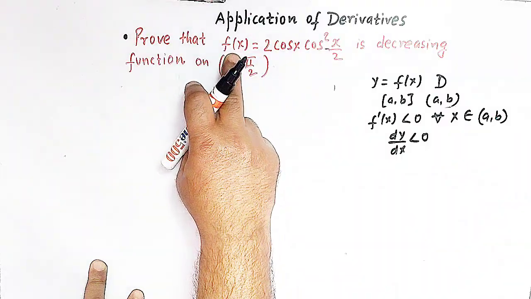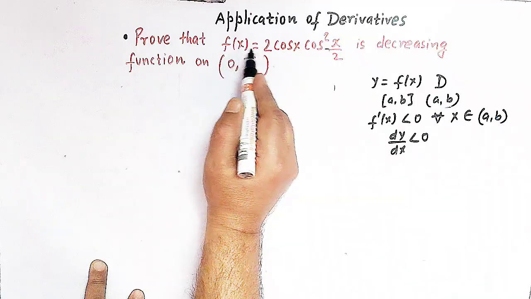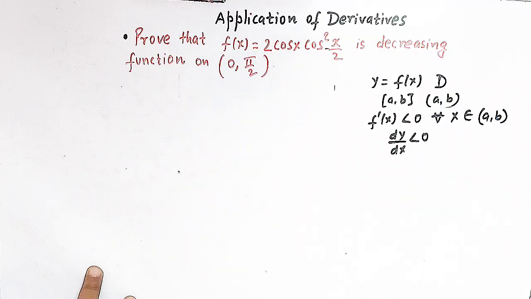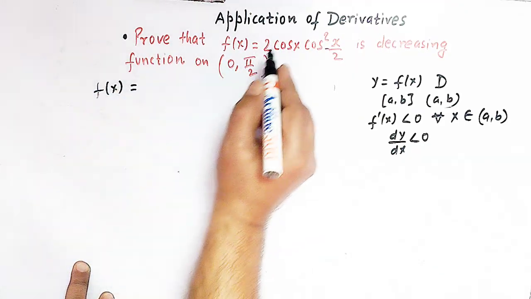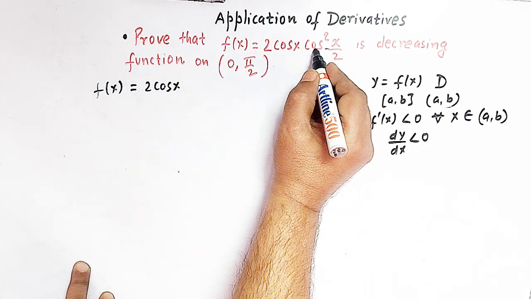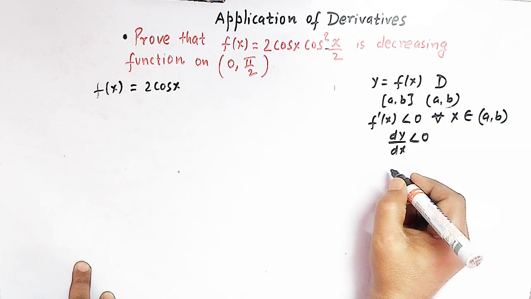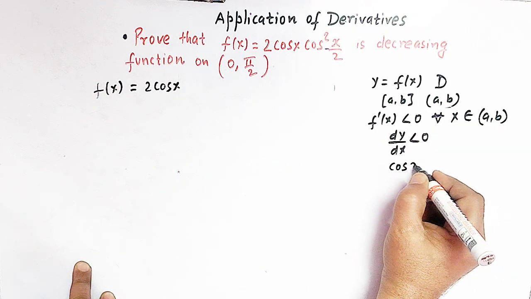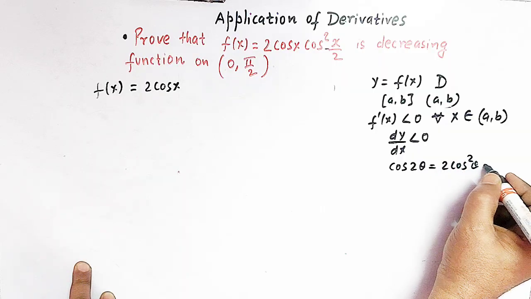So let us first rewrite this function f of x using an important trigonometric identity. So let us first write f of x as here we have 2 cos x, and here we have cos square x over 2. Now from trigonometry we know that cosine 2 theta is equal to 2 cos square theta minus 1.